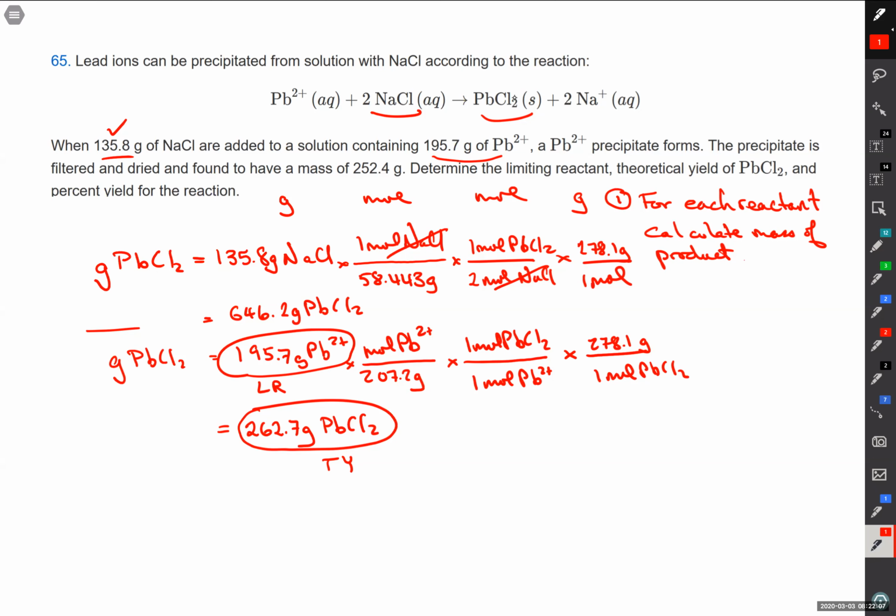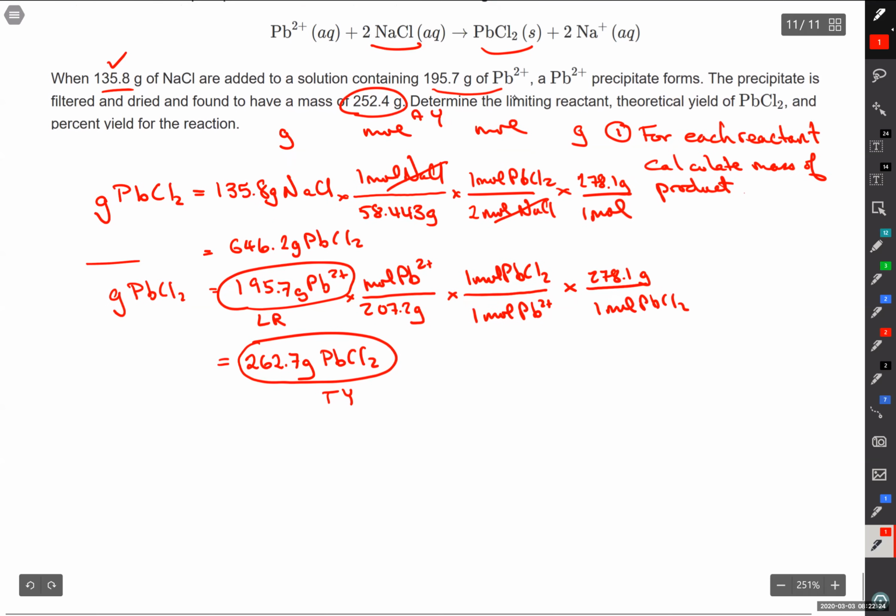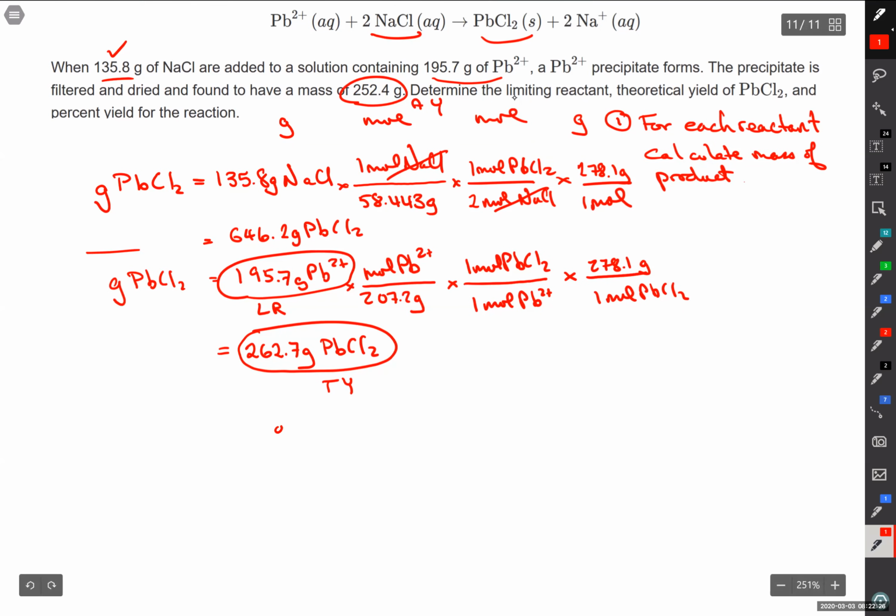Wait, what number haven't I used yet? It says "and found to have a mass of," so that's your actual yield. That's how much you actually made, right? The percent yield is the actual yield divided by the theoretical yield times 100.